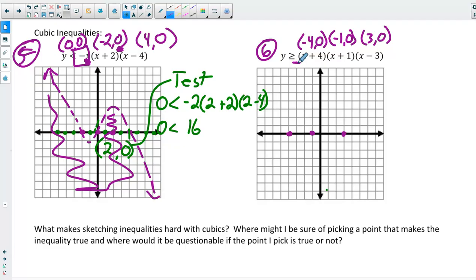Nothing there, so it's positive, so it's shooting up like this one. There's no bounces or anything, so it goes like that. Checkpoint, what are you using? 0, 0 is fine. And if I check 0, 0, does it work?